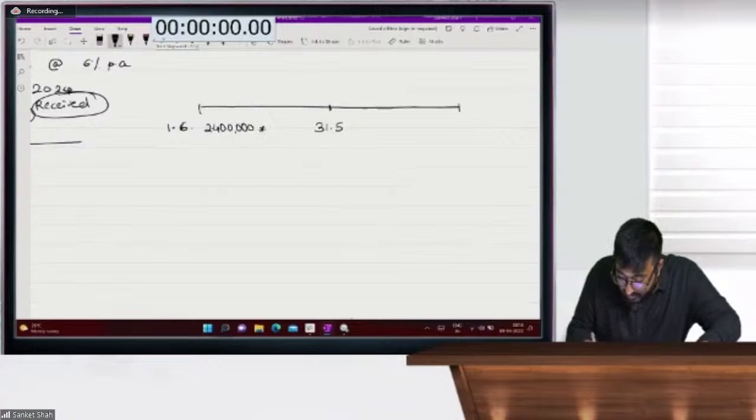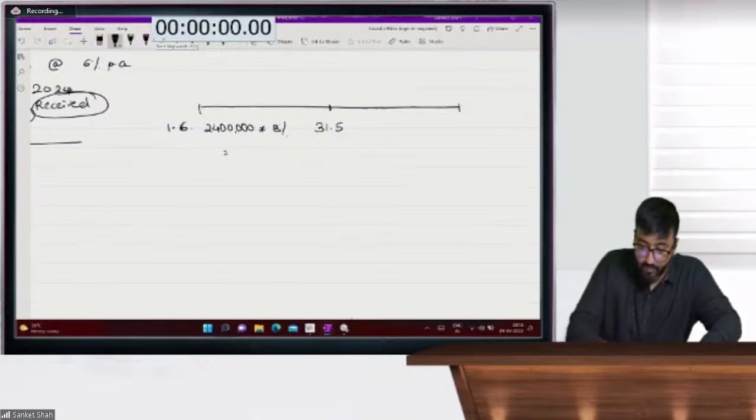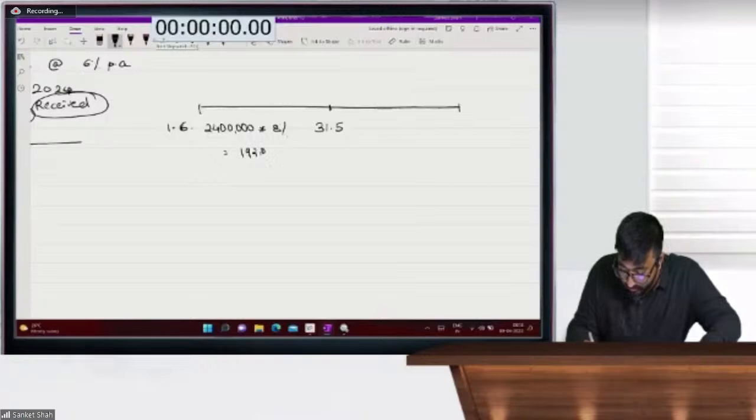24 lakhs into 8%. 1,92,000, divide by 12. Do it monthly.